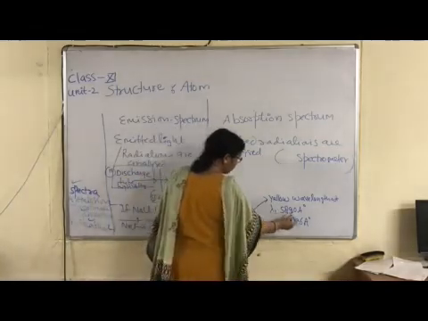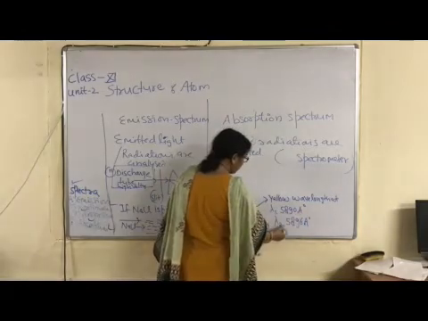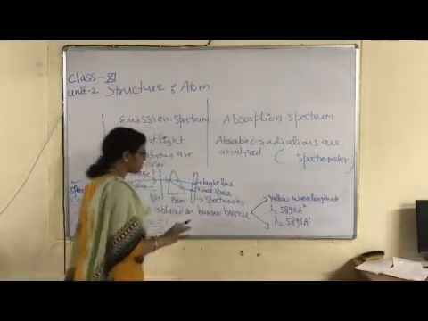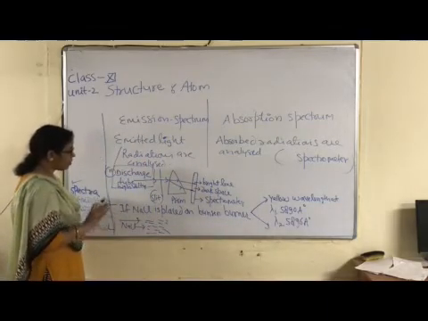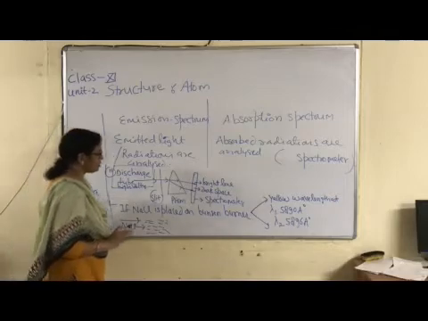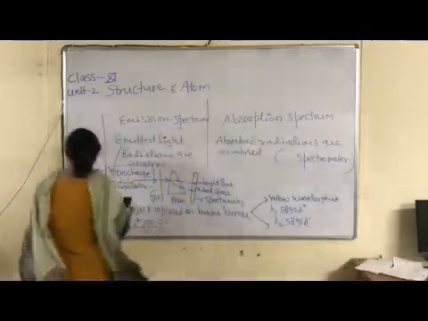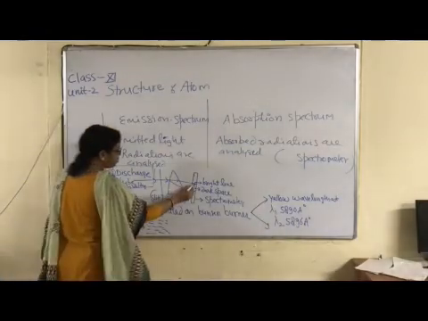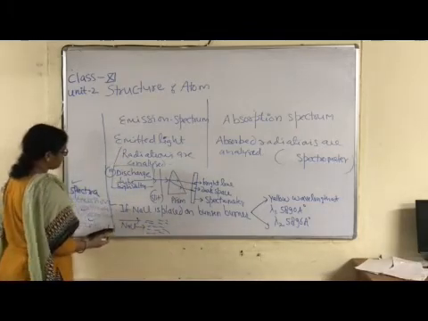First wavelength is 5890 angstrom and second wavelength is 5896 angstrom. This is a characteristic feature. A particular sample shows a spectrum of particular wavelengths. Okay children, so this is the difference between continuous spectrum and discontinuous spectrum. Here is a gap between two wavelengths, so this is called discontinuous spectrum.